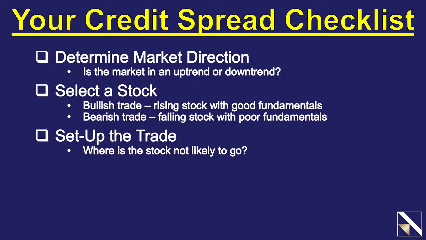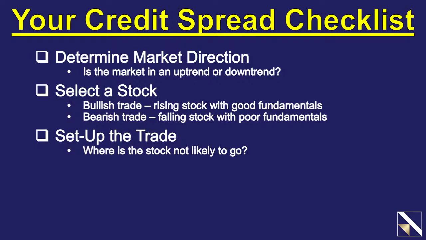But we did talk about how you can select your strike by just looking at where do I think the stock is not likely to go. That would be a great starting point. And then you're going to look at, all right, well, am I getting paid enough to do this trade?